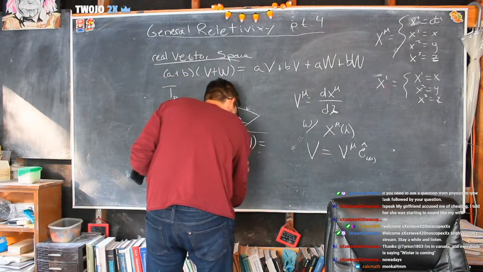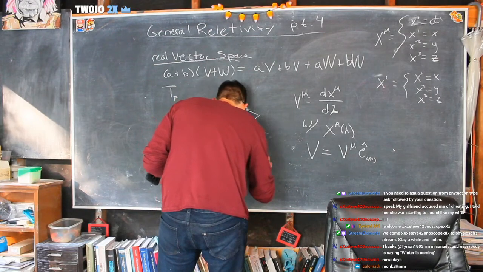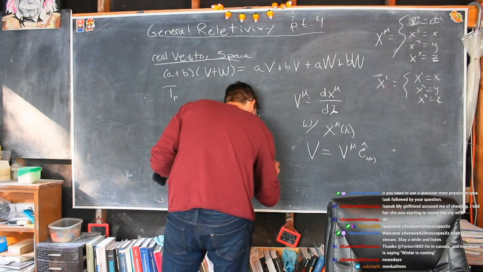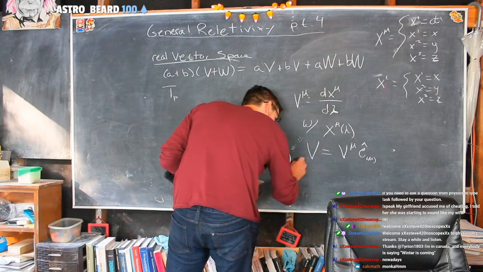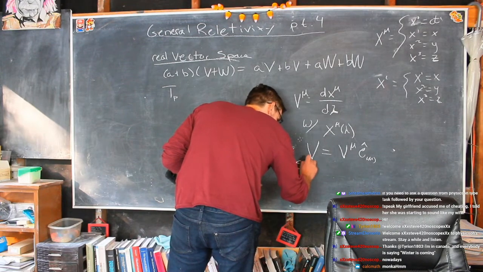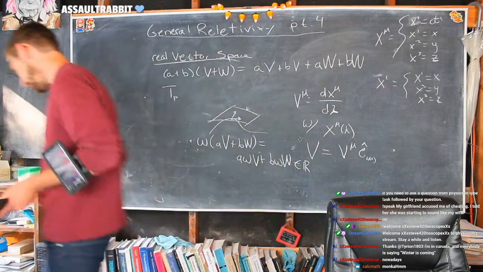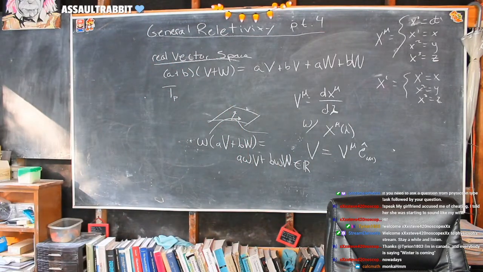Then this would be AwV plus BwW, and this would be an element of the reals. Okay, so in other words, you get a real number.